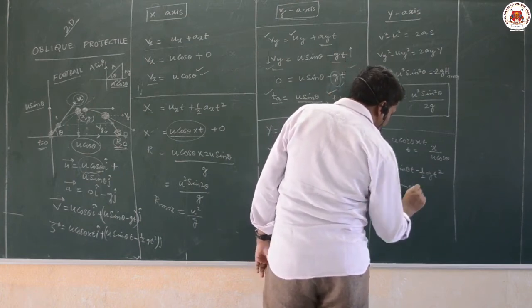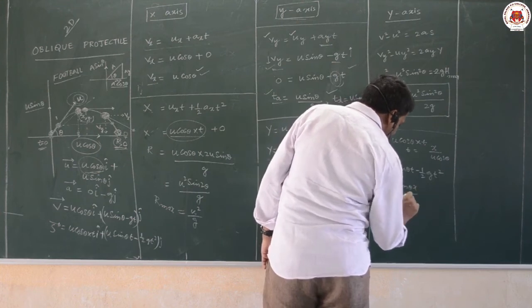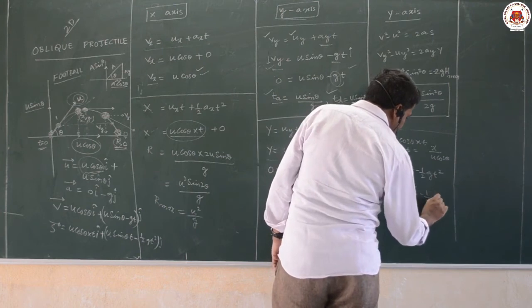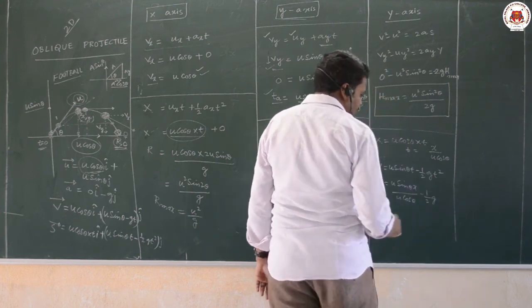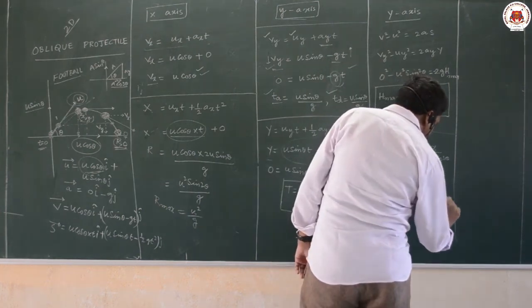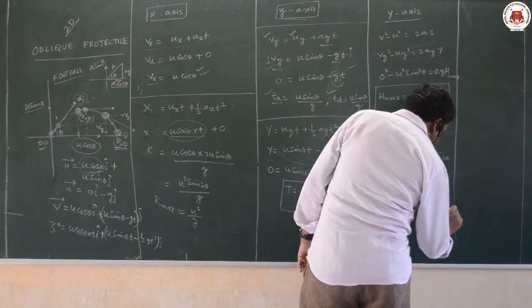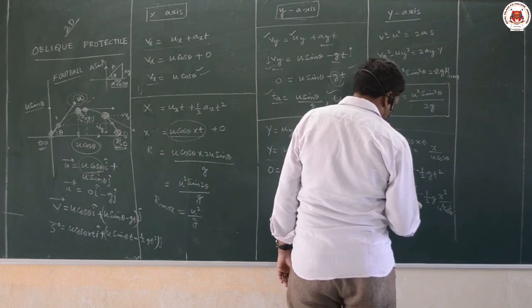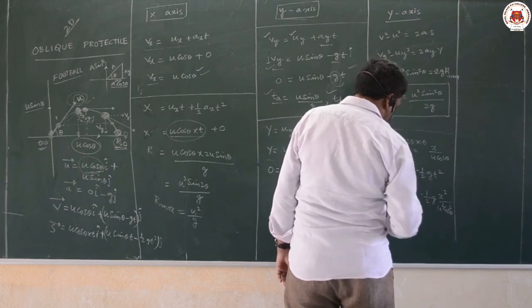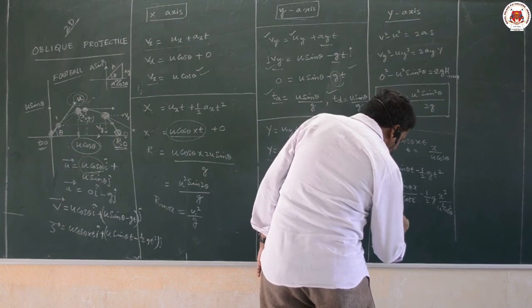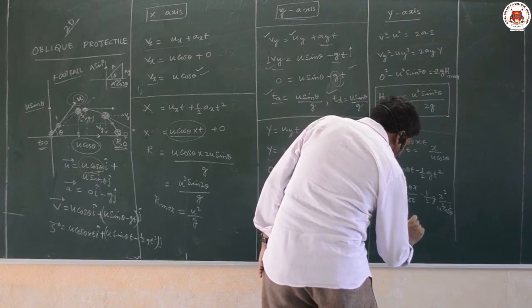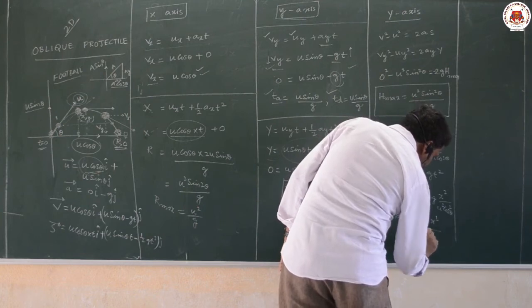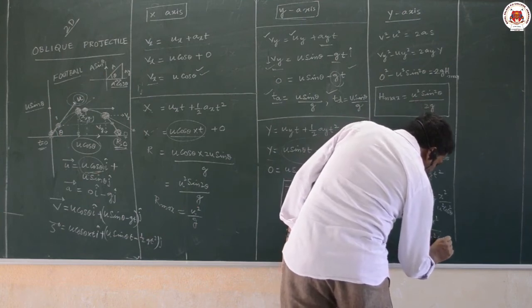Substitute the value of t here, x by u cos theta, minus half g into x square by u square cos square theta. So u and u get cancelled. Sin theta by cos theta is tan theta, so y is equal to tan theta x minus g x square by 2u square cos square theta.